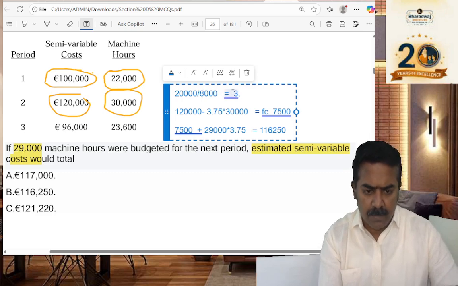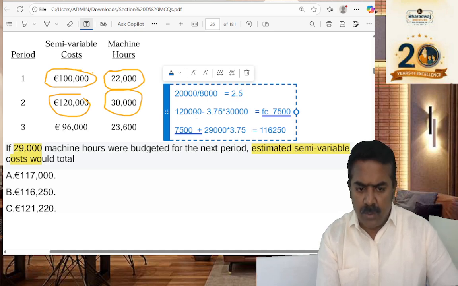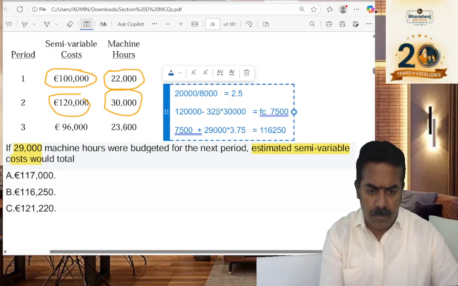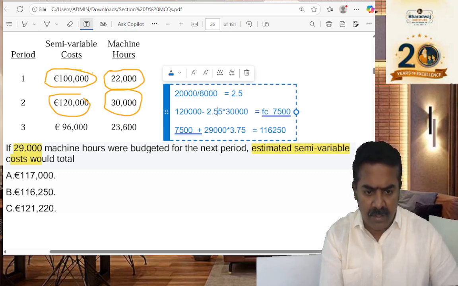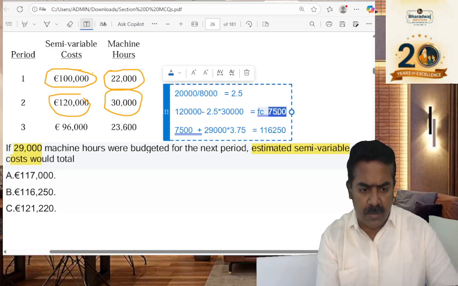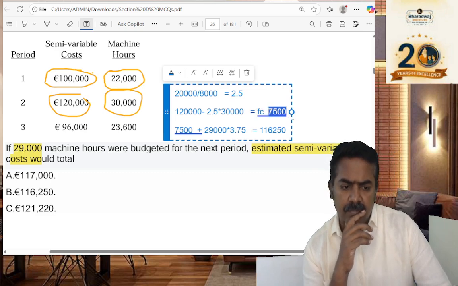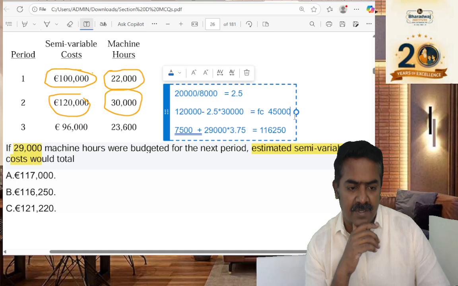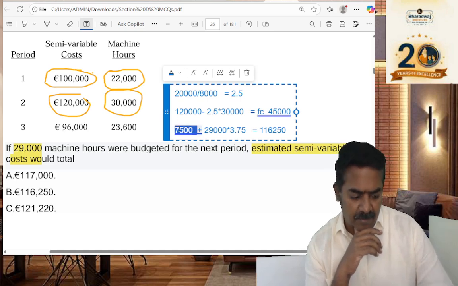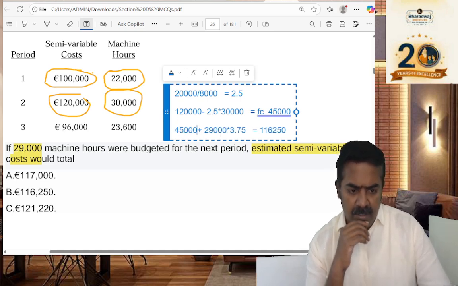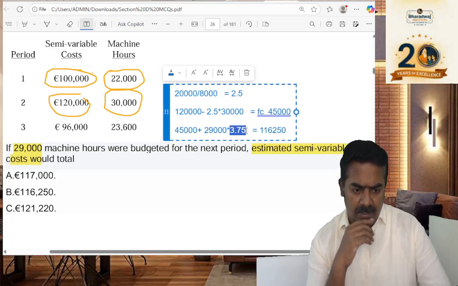How much you get? 2.5. So 1,20,000 minus 2.5 into 30,000, fixed cost you will get. It is 45,000. So the answer will be 45,000 plus 29,000 into 2.5.